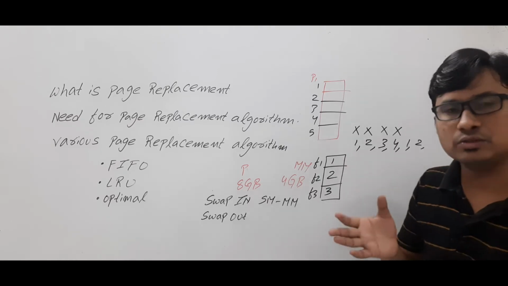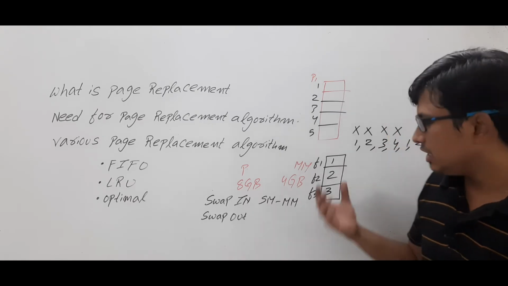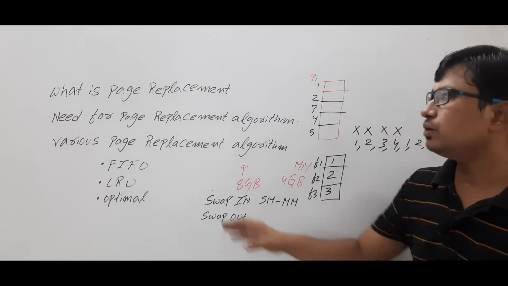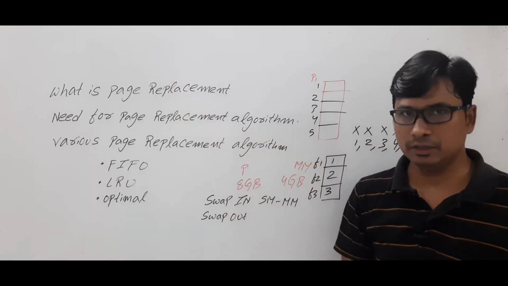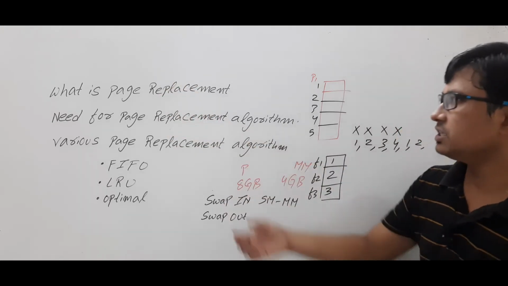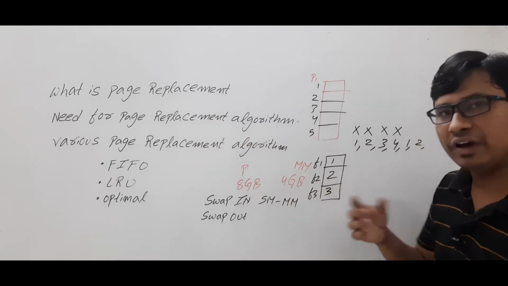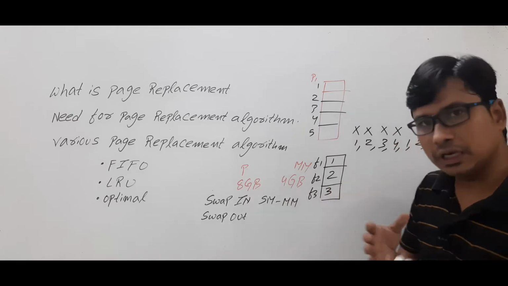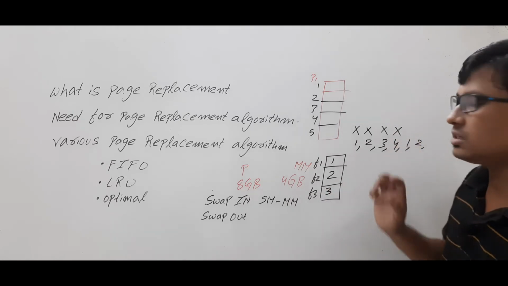Already 3 pages are there, so now I can say that main memory is full. If main memory is full, how can you keep page number 4? Then only the replacement algorithm will come into the picture. Now the replacement is what? You have to find the victim page, which page you have to remove, and then insert page number 4.